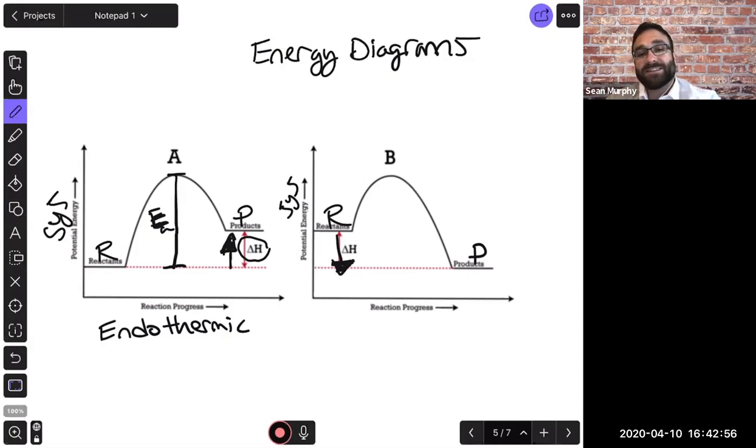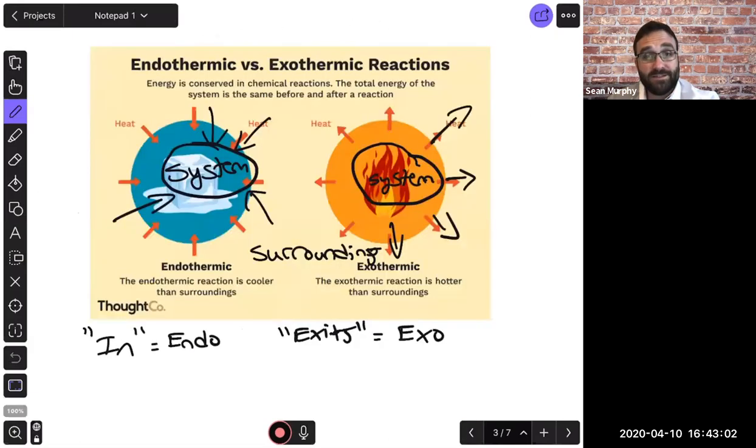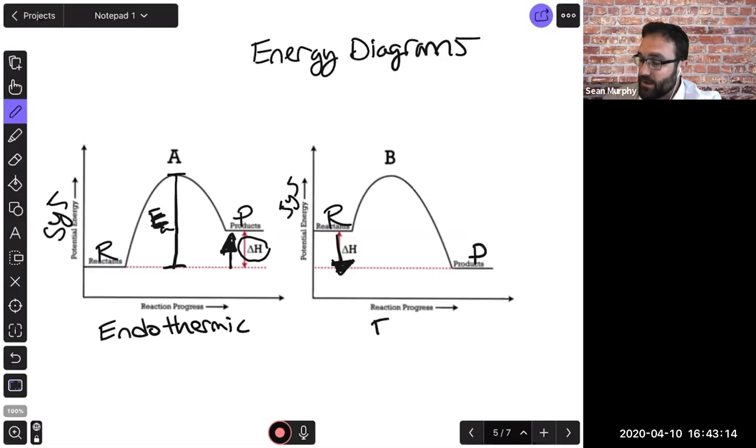Conversely, if I've decreased in potential energy, that's because my energy left the system in the form of heat. So exothermic is when heat leaves the system and it no longer has all that stored potential energy, and we're going to call that exothermic.